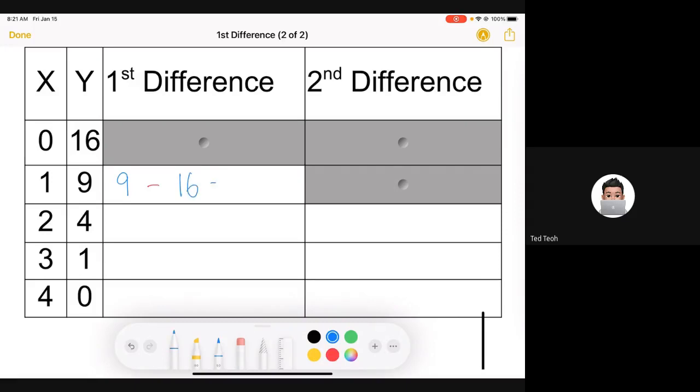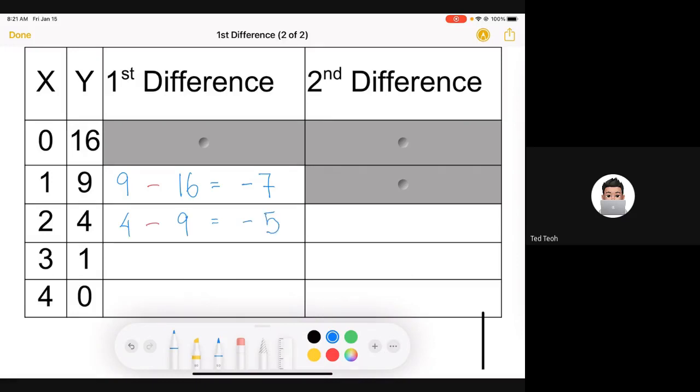Just be careful with the negatives. So 9 minus 16 is -7. Please be careful with the minuses. We're going to do the same thing in the line underneath it. It's going to be 4 minus 9, which is going to give us -5.